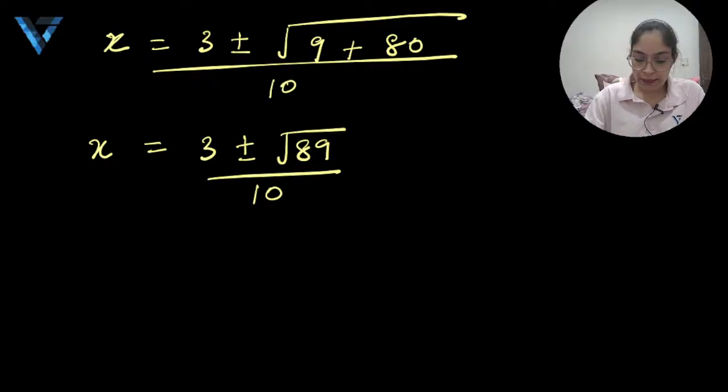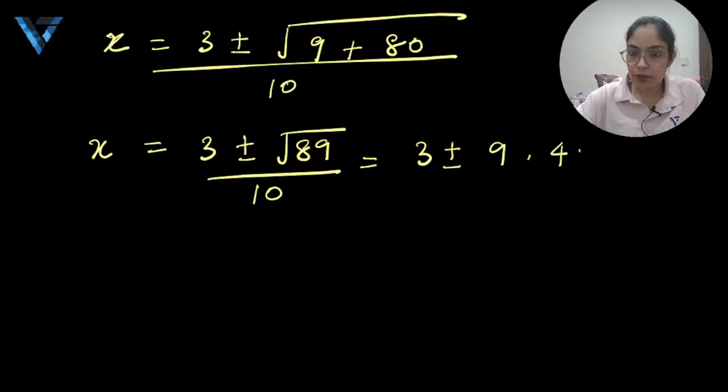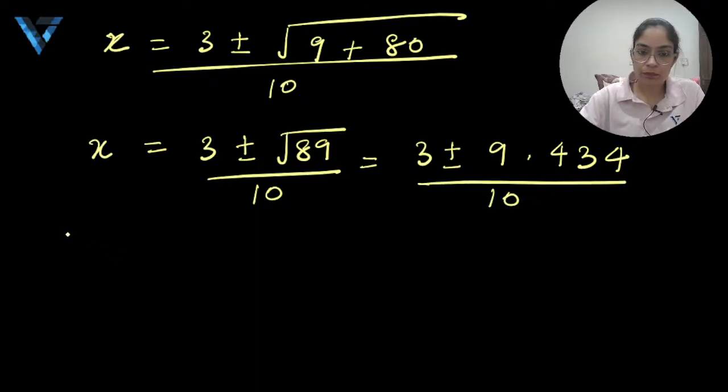So root 89 is 9.434. Is it correct? By 10.